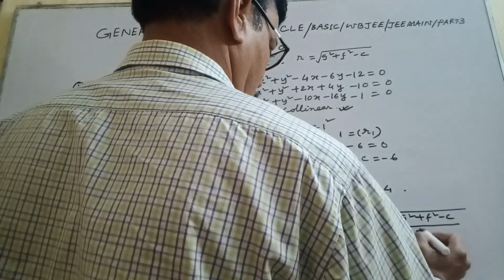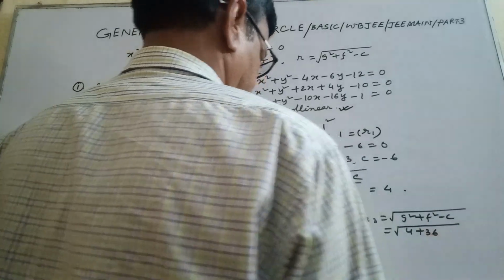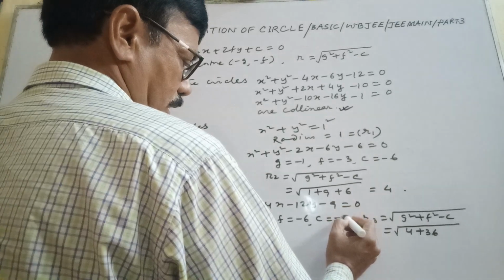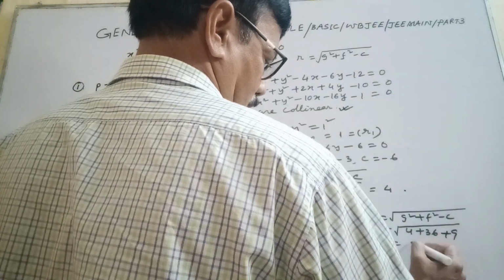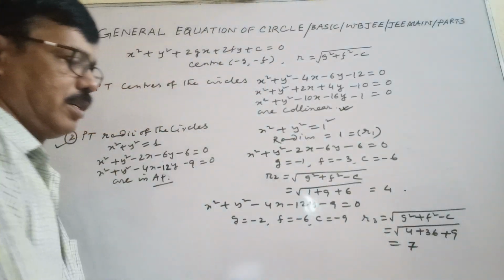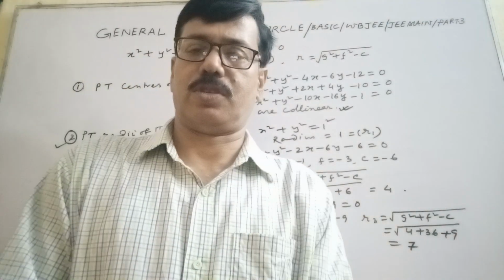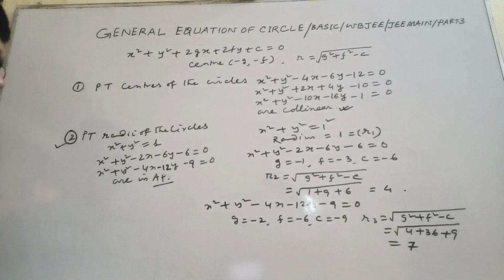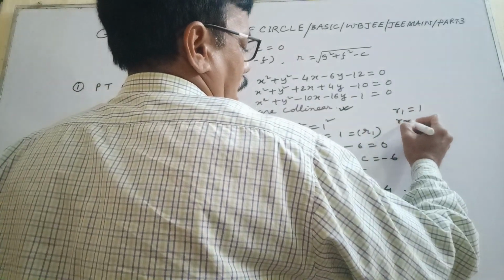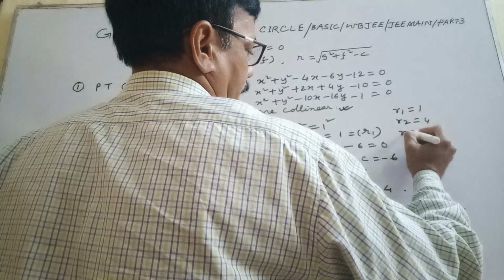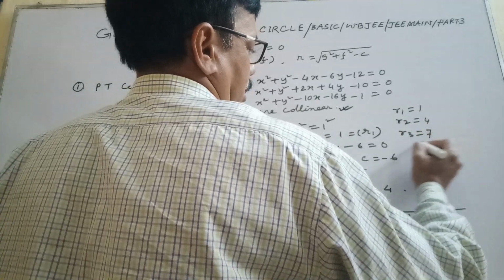So 4 plus 36, and c is not 9, this is minus 9. So this is 40, 40 plus 9, 49, so 7. So what are the radii? R1 equals to 1, R2 equals to 4 and R3 equals to 7.